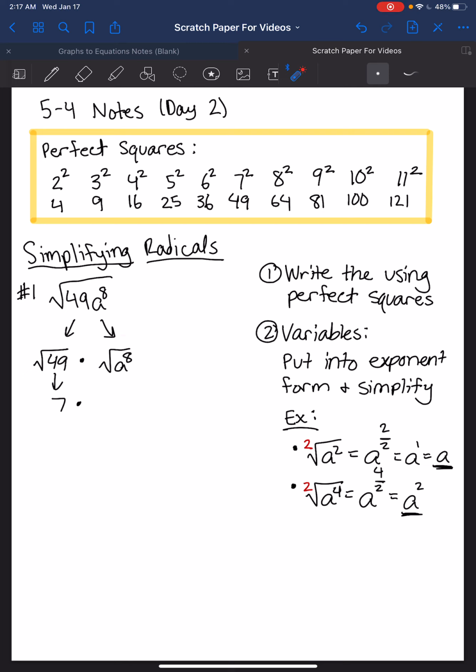So for our example, I'm trying to figure out where I want to write my work at. I'll write it here. Remember, this is a square root, so we have an implied 2 here. Rewriting this as an exponent, we have a, and then we have a fraction, and then it's in over out, inside over outside, 8 over 2.